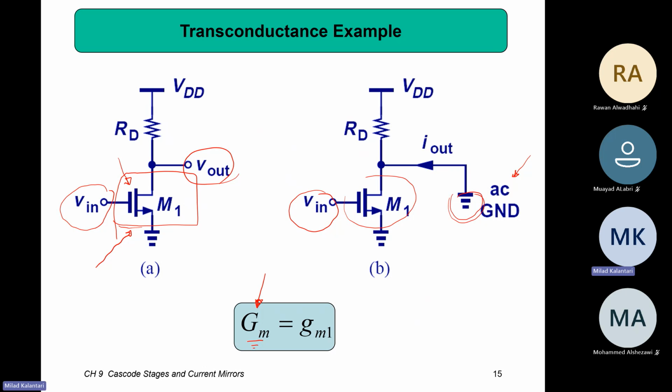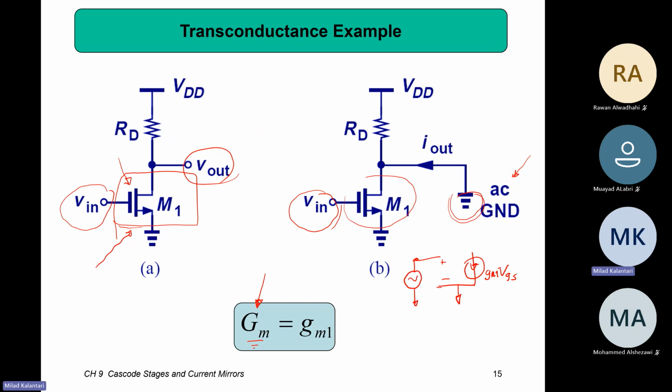You short circuit the output and then you apply some AC voltage at the input, right? You can just put in the small signal model for now: GM times VGS for the MOSFET, right?